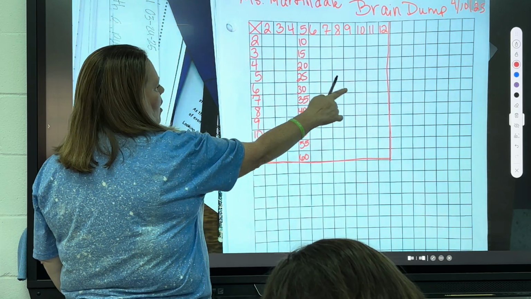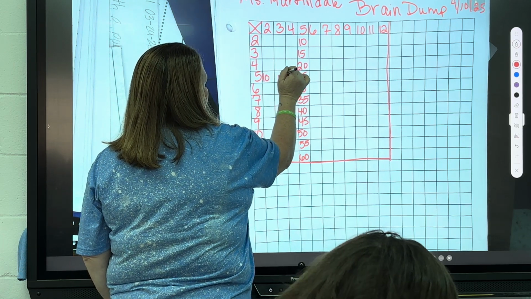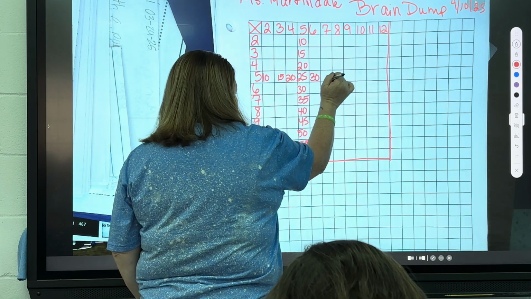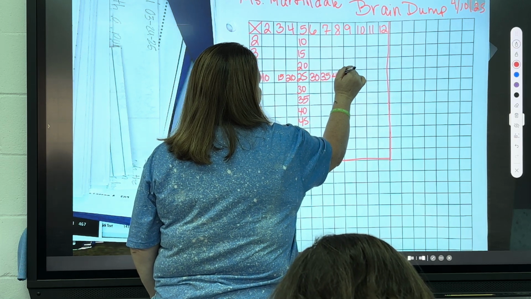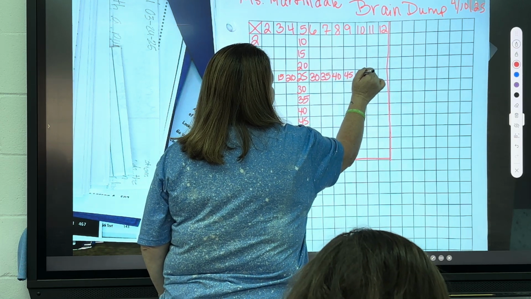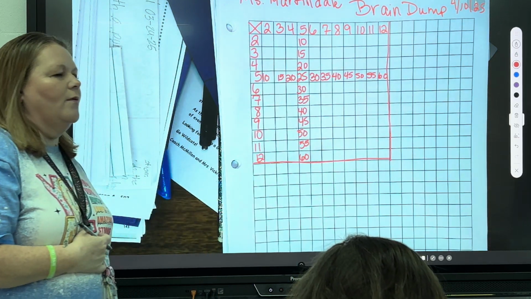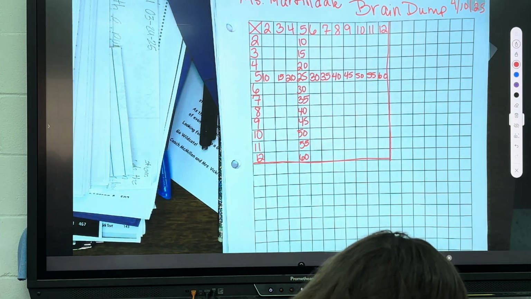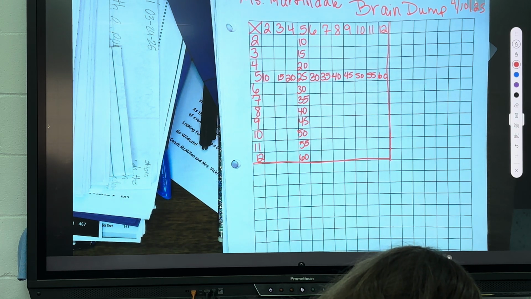And then we go across, the same thing, 5, 10, 15, 20, 25, 30, 35, 40, 45, 50, 55, 60. So I would continue that with the easy ones first and then go back and fill it in. Okay? And remember, your multiplication is the same thing as skip counting by whatever, your 2s, 4s, whichever ones, right?